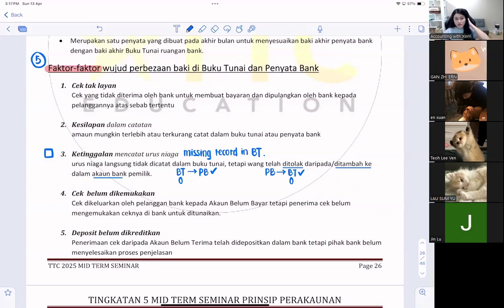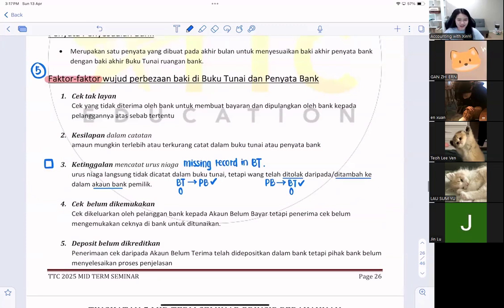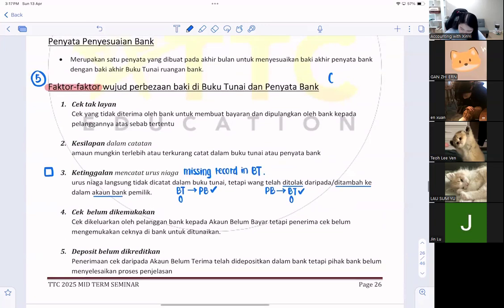A lot of students don't understand the concept of the 0. So I'm just saying that 0 equals cannot be found. We will use 0 to represent it, because otherwise, if I don't put a number, how can we actually compare? So we just put 0 as the representative of cannot be found.